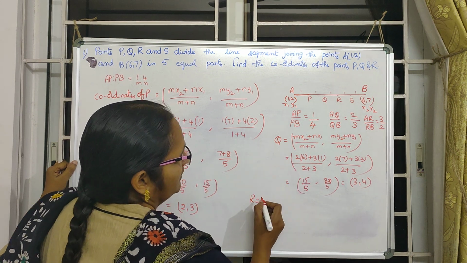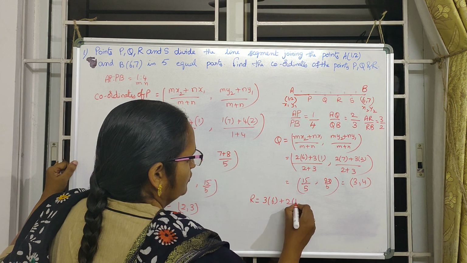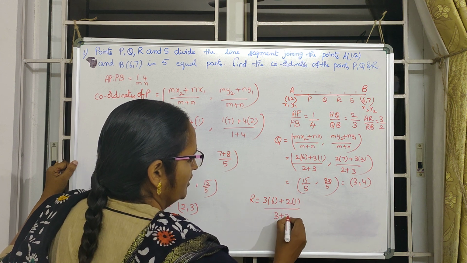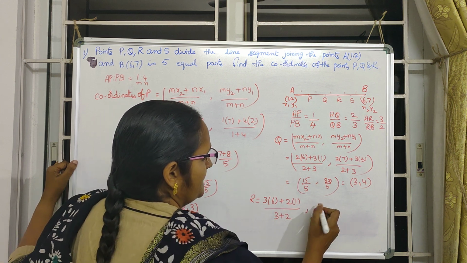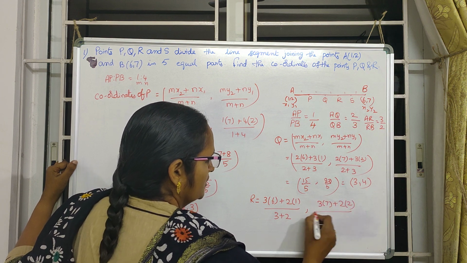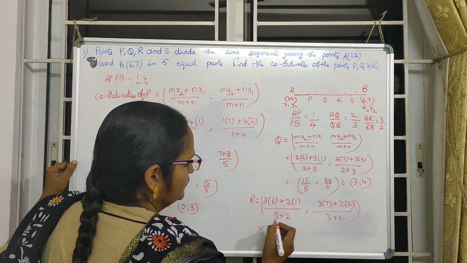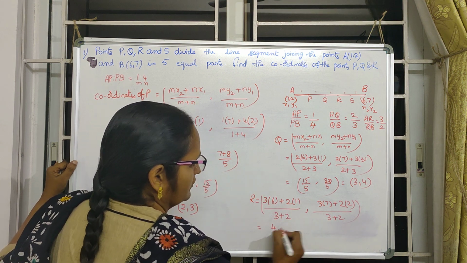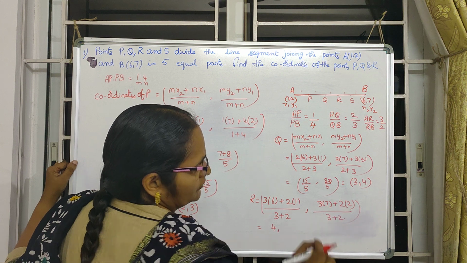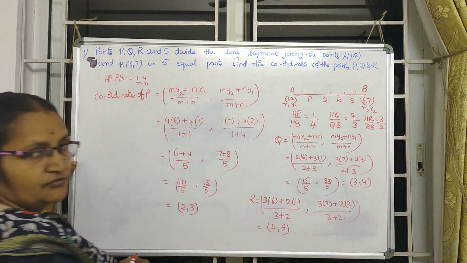Now, according to this, R equals 3 into 6 plus 2 into 1, by 3 plus 2, comma 3 into 7 plus 2 into 2, by 3 plus 2. 18 plus 2, 20. 20 by 5 is 4. Here 21 plus 4, 25. 25 by 5 is 5. R coordinates is (4, 5).